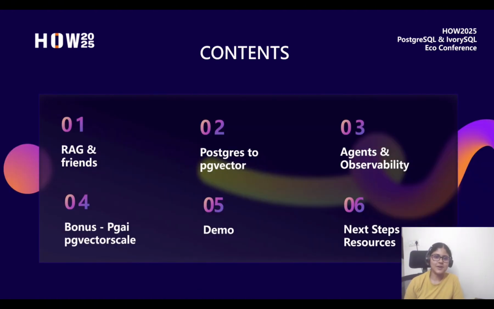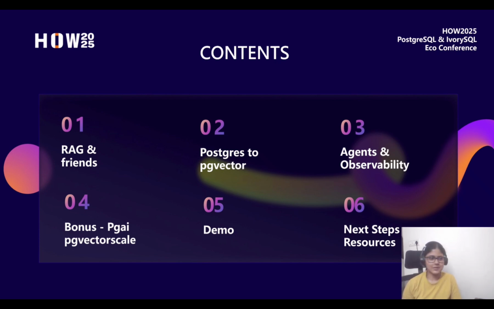We're going to be covering a whole bunch of things today. I'm sure most of you attending are aware of what RAG, or retrieval augmented generation, is and how it is different from the traditional databases that we had.